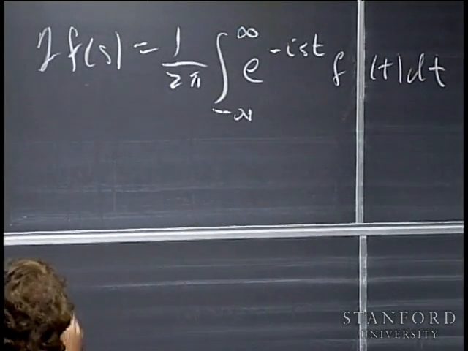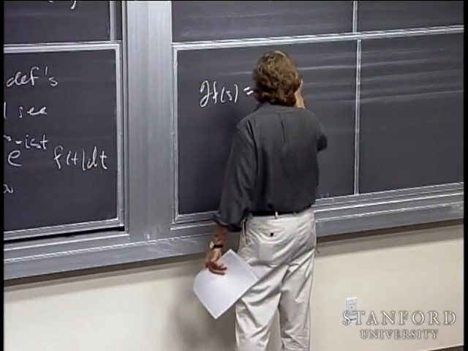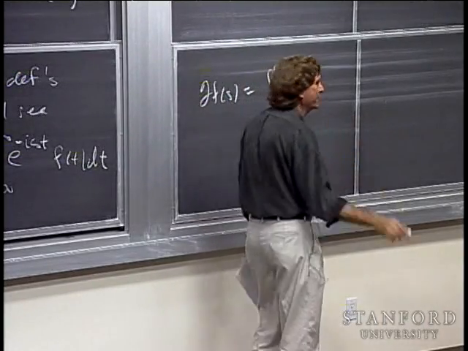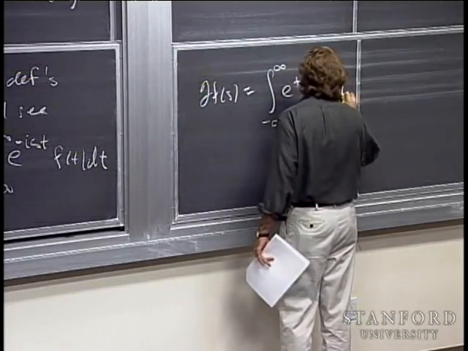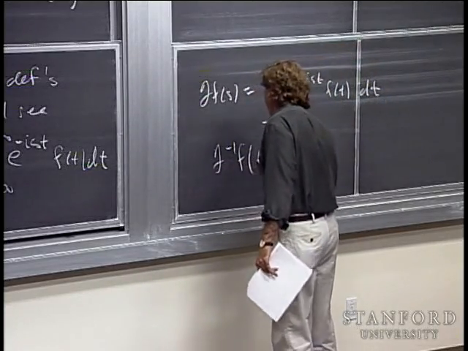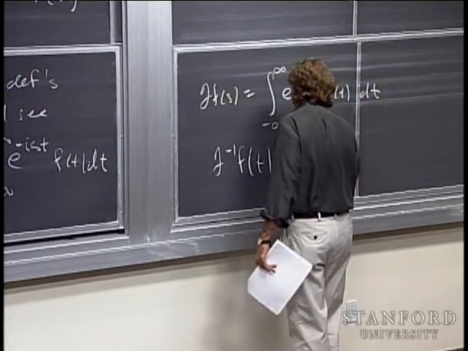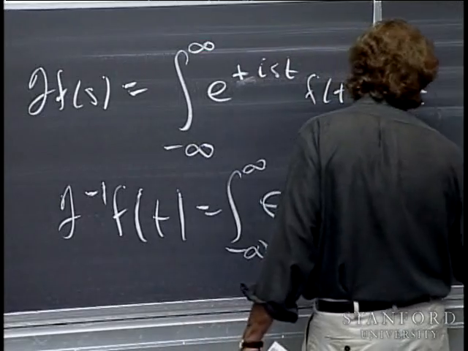You'll also see the Fourier transform of f at s is the integral, or sometimes with a 1 over 2 pi out in front. All combinations are in use. All right. e to the plus I s t f of t dt, and the inverse Fourier transform is the integral from minus infinity to infinity of e to the minus I s t F of s ds.